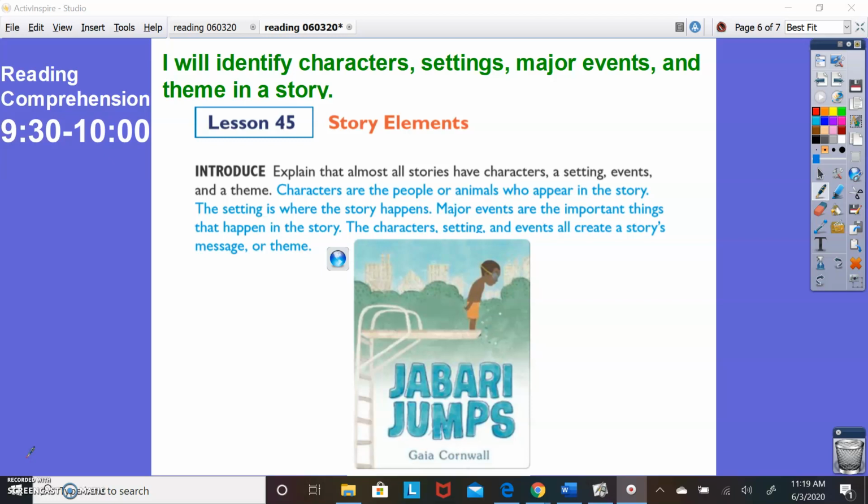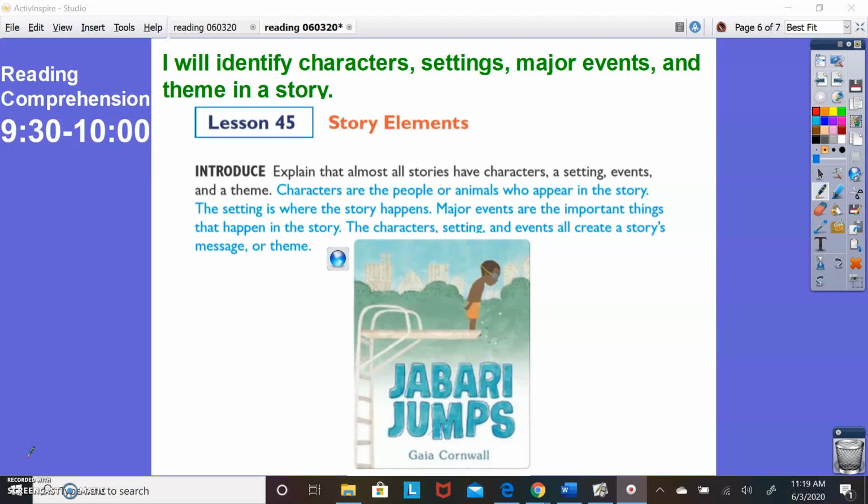What about the setting? Where is this story happening? What can you tell in this picture? We can see trees in the background. We can see buildings. So we can tell that this is happening outside, right? Where might this be happening? Outside where? If he's jumping, this is a diving board. And if he dives, he's going to dive into the pool, right? So we can already say this is happening outside at a pool.